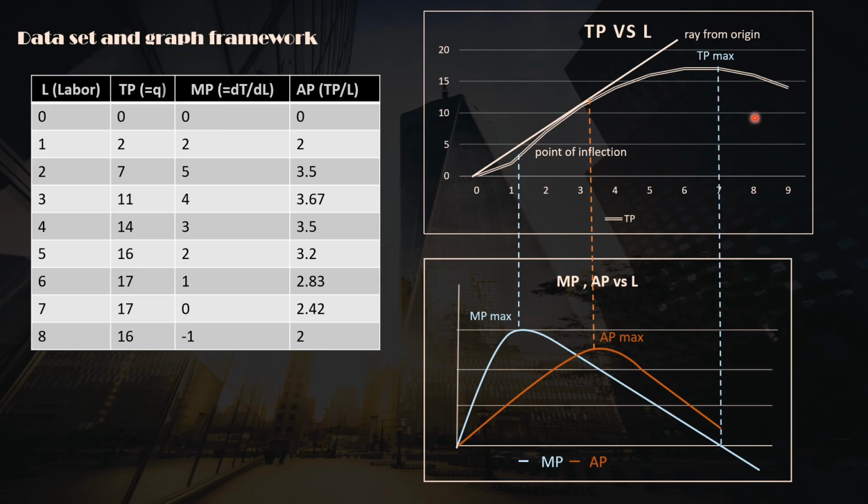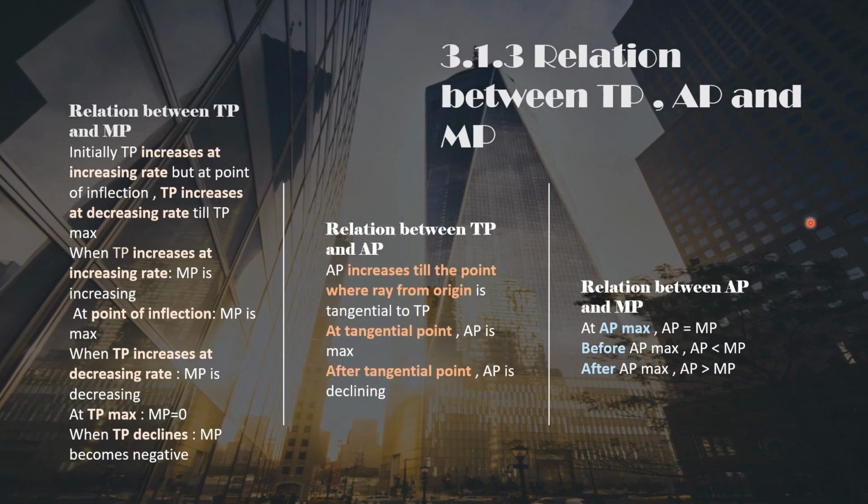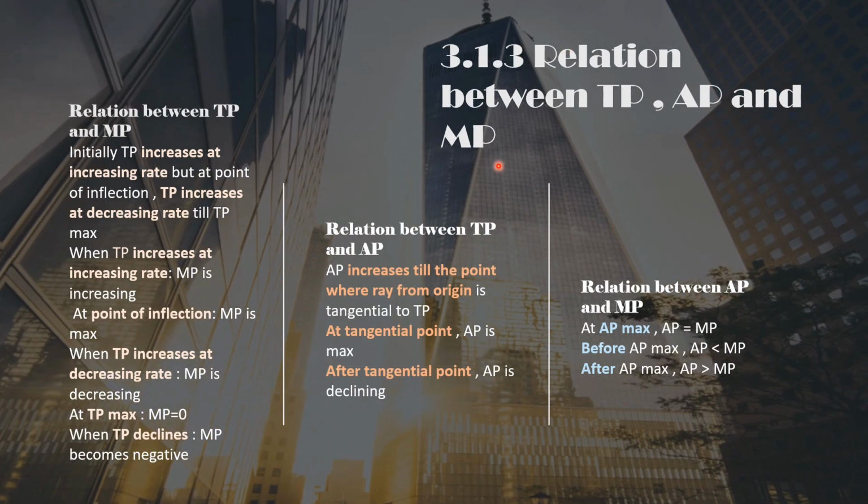So let's go to the next slide. Here is the relationship between TP, AP and MP. We can see the relationship between TP and MP here, and the relationship between TP and AP here. Initially TP increases at increasing rate, but at the point of inflection, TP increases at decreasing rate till TP max.